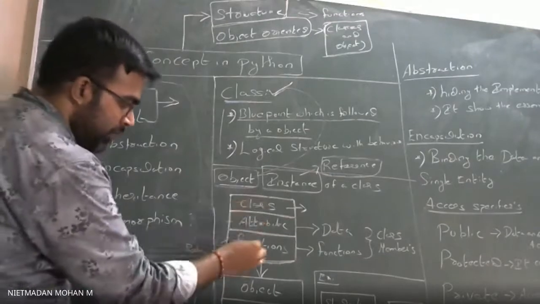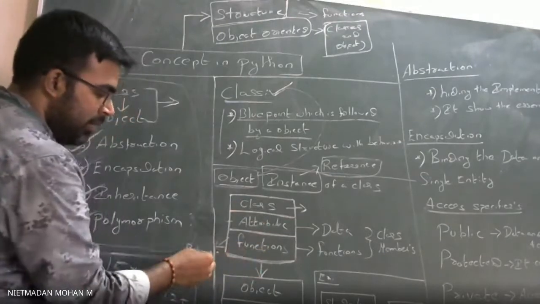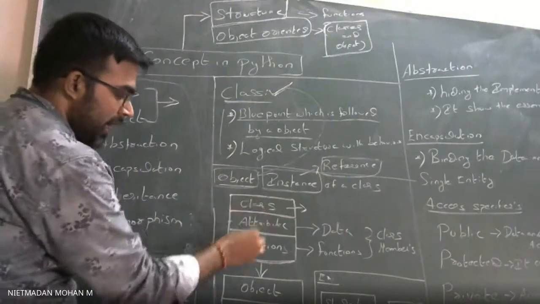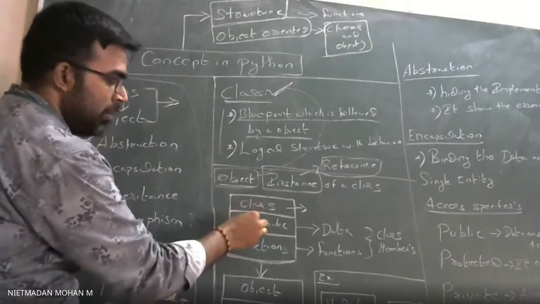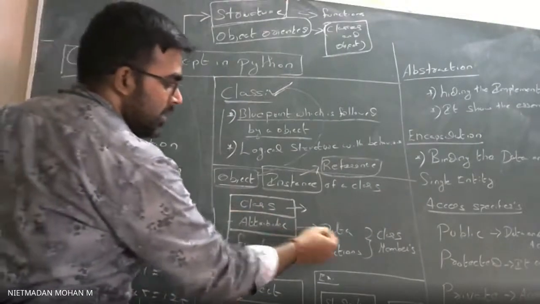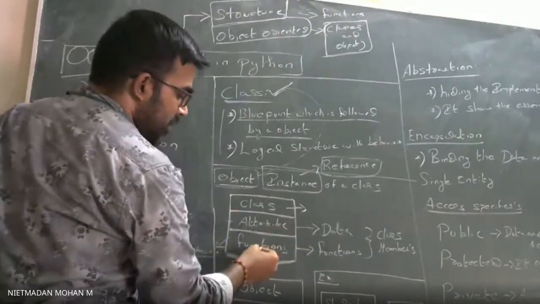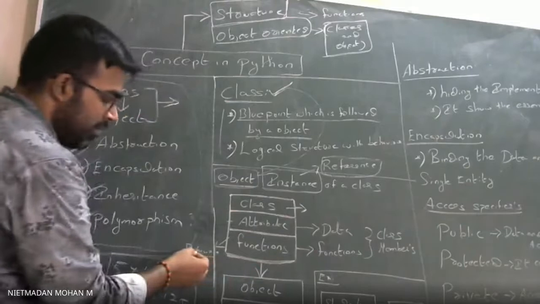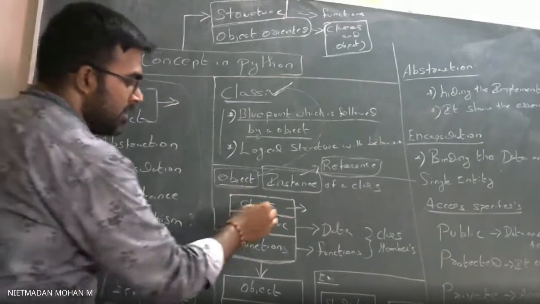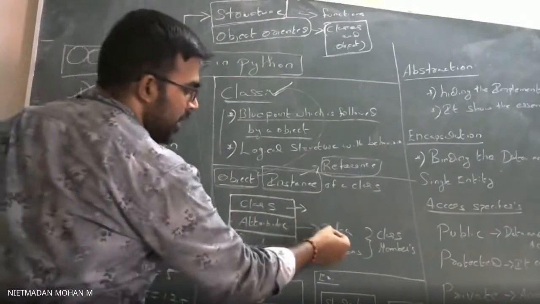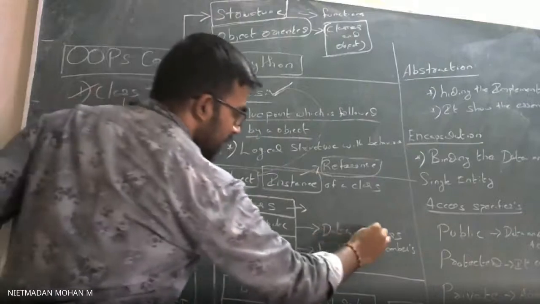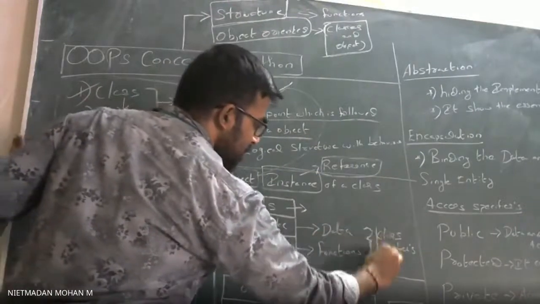The function is named as behavior. In other terms, it consists of data and functions. The attributes are the data and the functions are the behaviors. These two types are known as the class members.